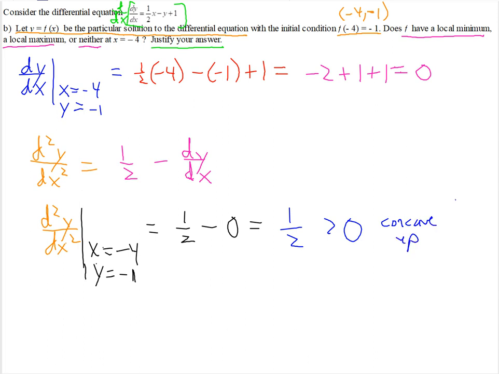So if we put these two things together, the slope of the tangent line is 0, and it's concave up, shaped like a cup, like this. That's what shows you it would actually be a relative minimum here, which is the same as a local minimum. If it was concave down, then it would be a relative maximum.